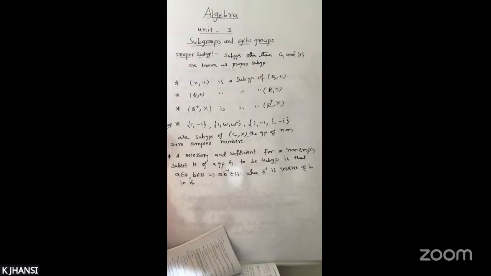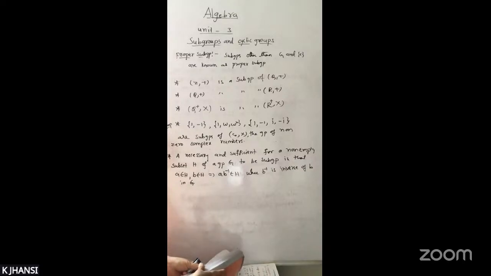Second one is A comma B belongs to H implies A dot B belongs to H. That is, it is satisfying the closure property. Okay, third one is if A belongs to H implies A inverse belongs to H, where A inverse is the inverse of A in H. Okay. Whatever these concepts are, they are useful in solving some of the theorems. So in doing the proof for the theorems, we will use all these concepts.